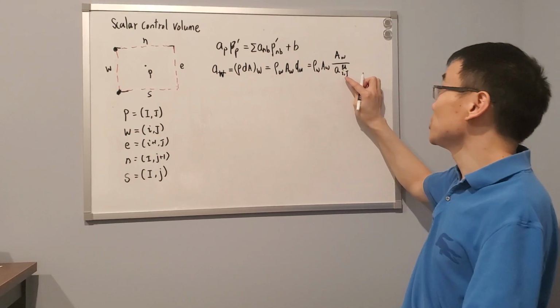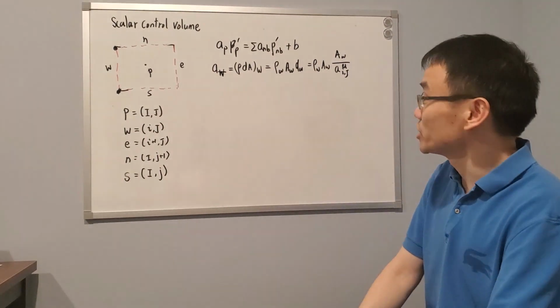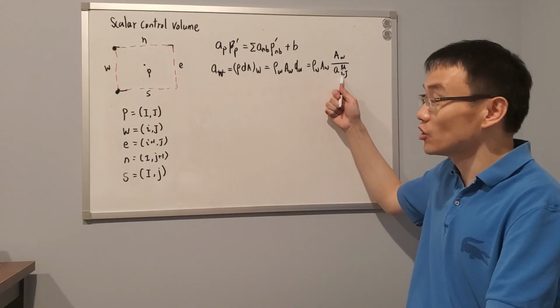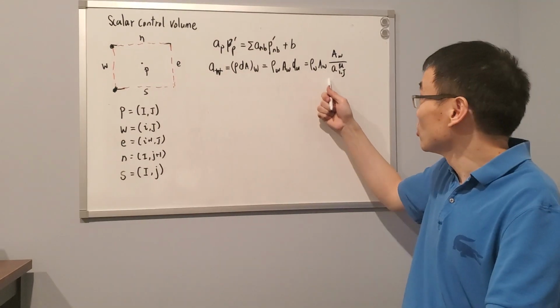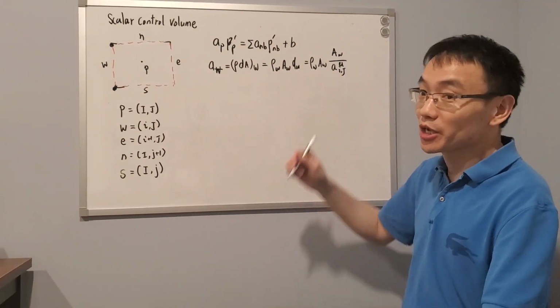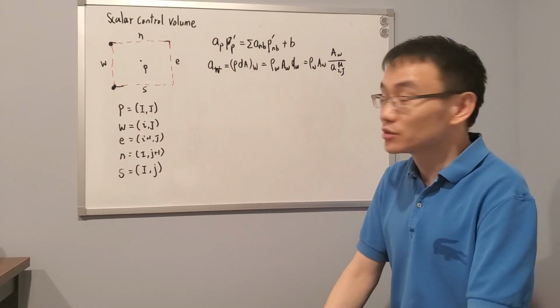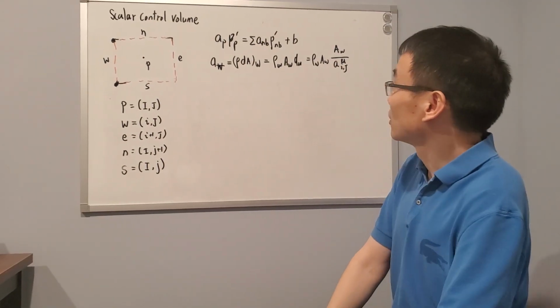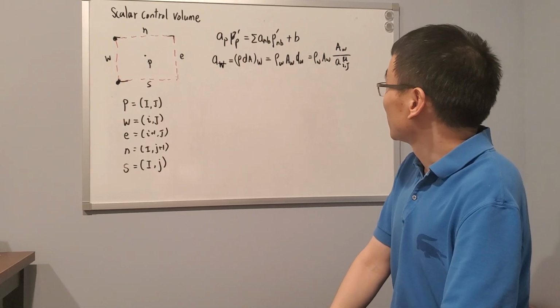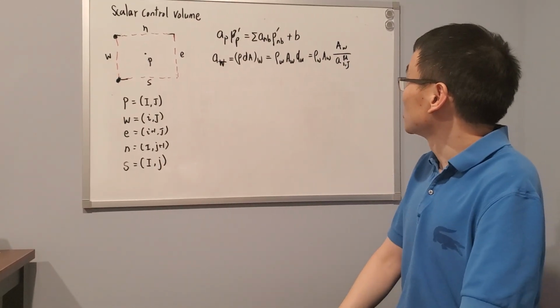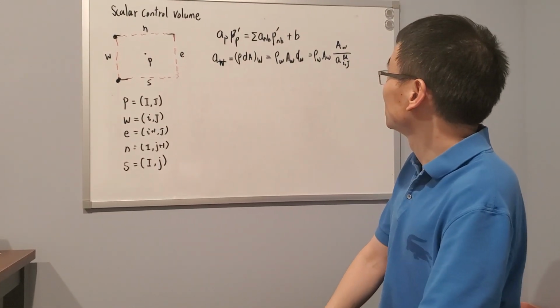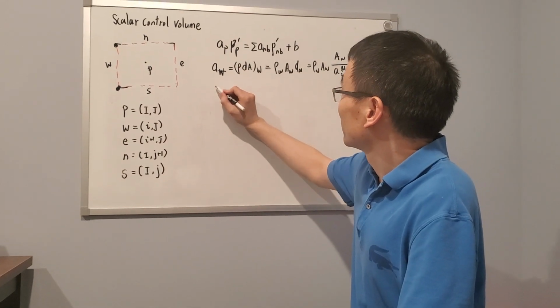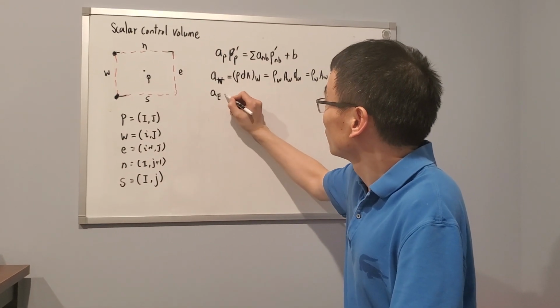So this AP coefficient from the U momentum equation with respect to that U control volume IJ will be the denominator over here. Okay, the numerator is simply the area of that. All right.